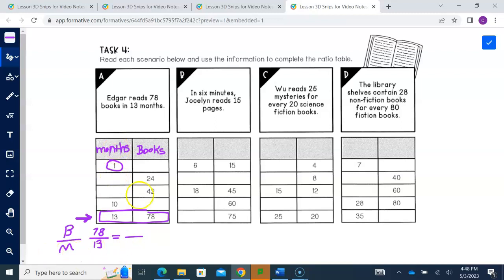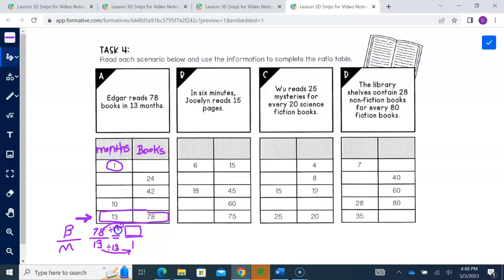Well, we have months in the bottom, so I want to know how many books in 1 month. If we do a pattern of 78 to 13, how many books in 1 month? Well, to get from a 13, scale it down to a 1, we need to divide 13 by 13. To get from 78 to how many books he read in that time period, we need to divide by 13.